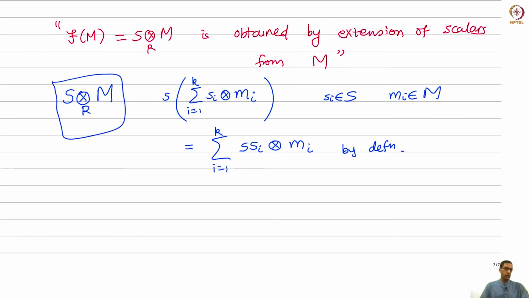Now, what is the point of this? In what sense is this the most natural module to associate to M? What's the special property that it has? That's the key. So here are the key properties. Let's call it a proposition. This new module S tensor M has the following two properties.